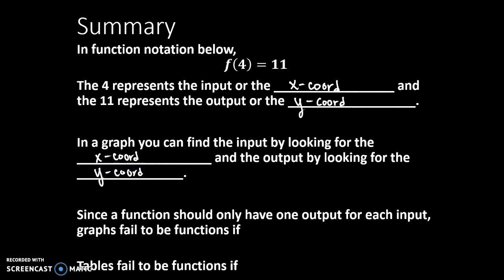And since a function should only have one output for each input, graphs fail to be functions if they fail the vertical line test, or if you can draw a vertical line that crosses the graph more than once. And tables fail to be functions if the same y-coordinate gives you different x-coordinates. I'm sorry, I said that backwards. If the same x-coordinate gives you different y-coordinates.